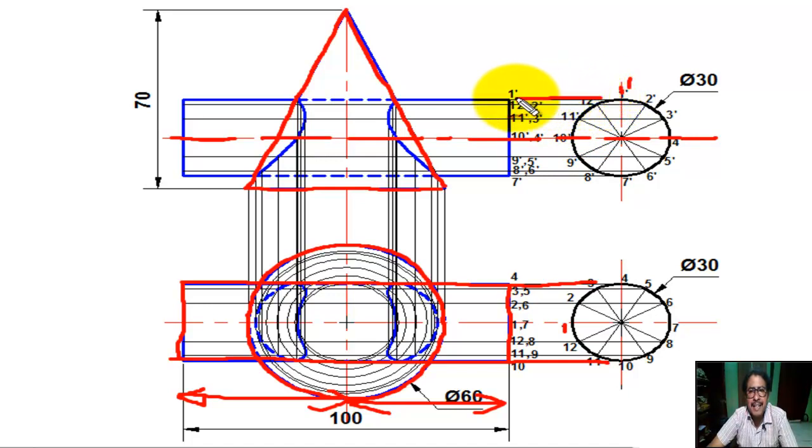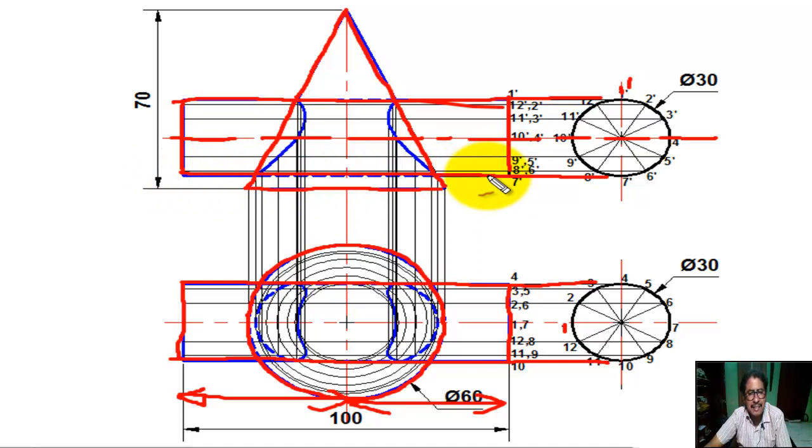From 1 dash and from 7 dash, we draw horizontal projection lines. Now parallel to the axis, we draw vertical lines 50 millimeter distance on the left side and on the right side.